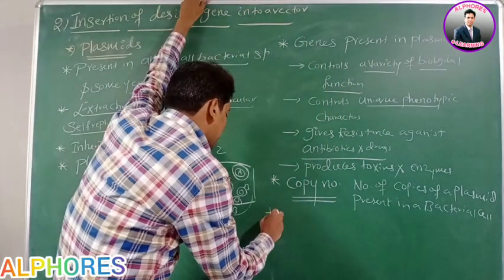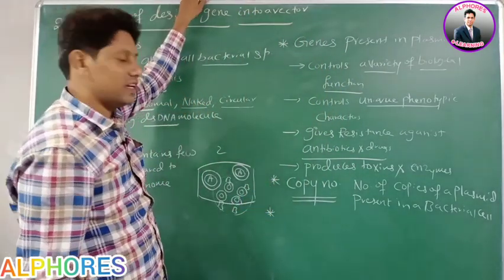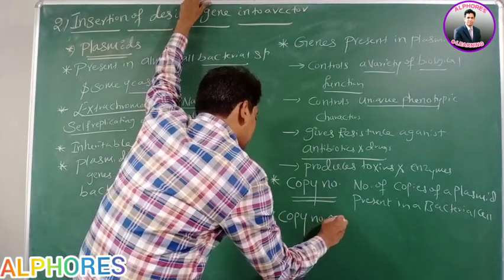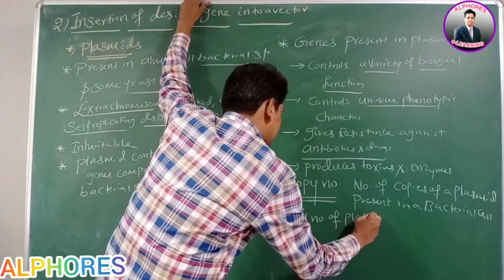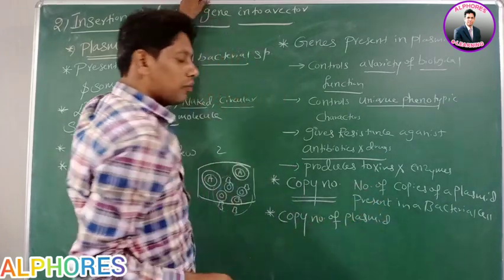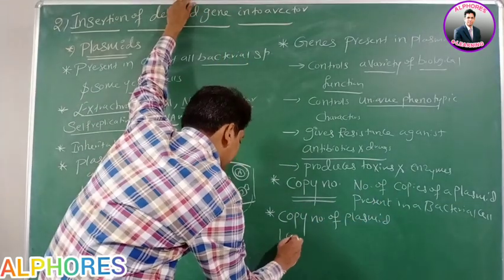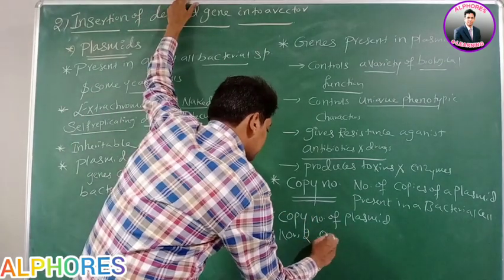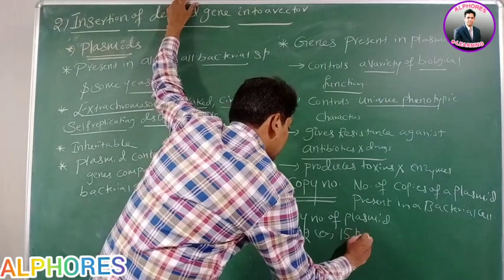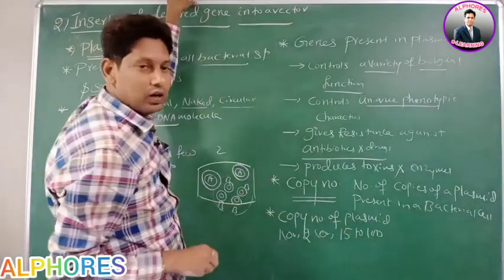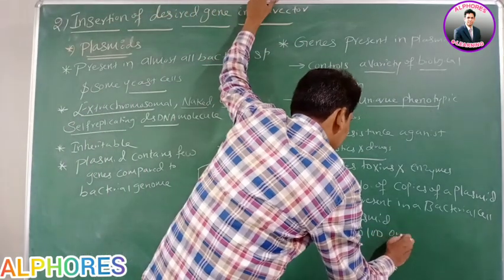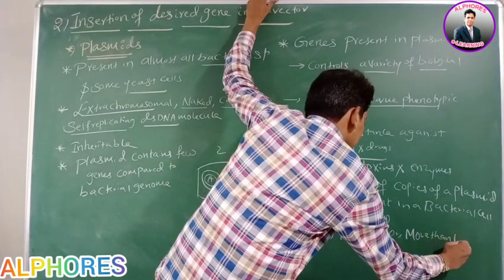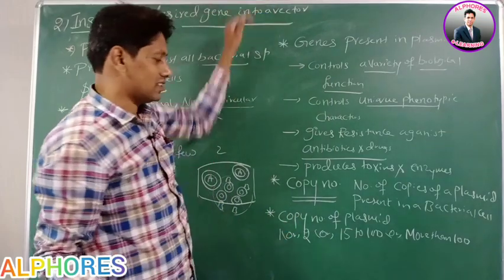Sir, what is the copy number of a plasmid, sir? Copy number of plasmid may be 1 or 2 or 15 to 100 or more than 100.